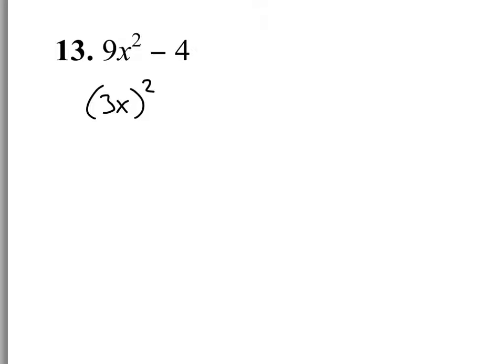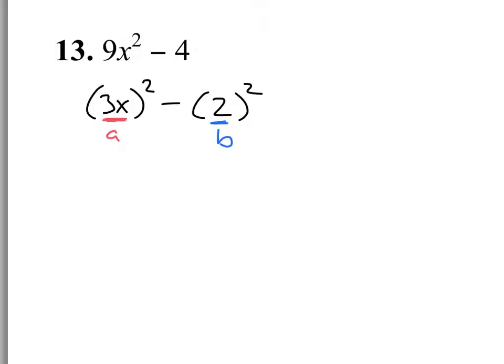Then I've got minus something squared. How can I rewrite 4? 2 squared. So 3x is the a, and 2 is the b.